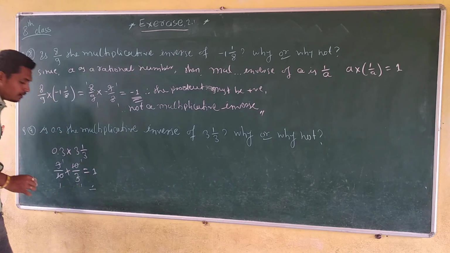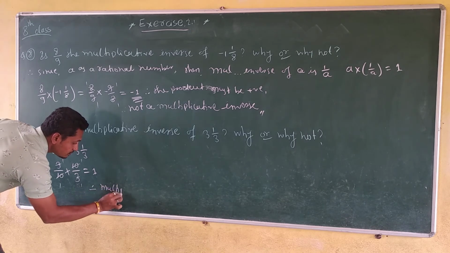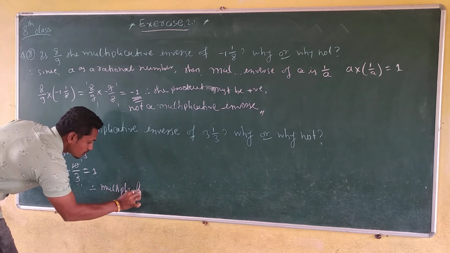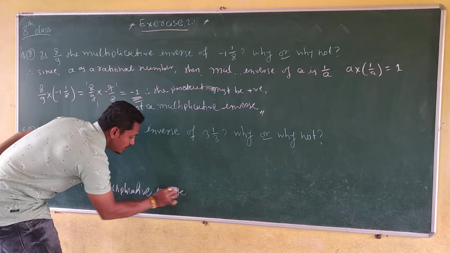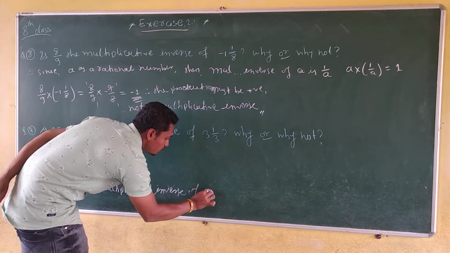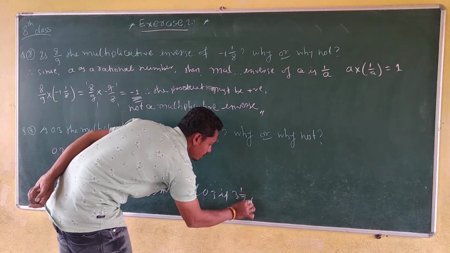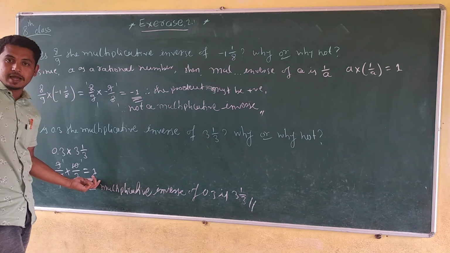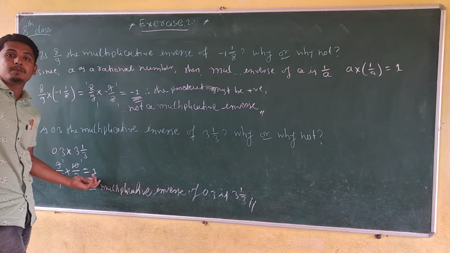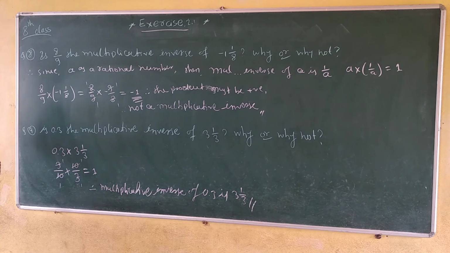Hence the multiplicative inverse of 0.3 is 10 divided by 3, because their product is 1, a positive integer. Please note this down, and now move towards question number 10.